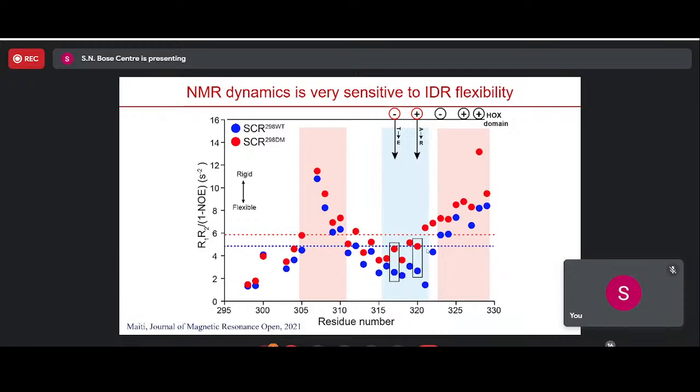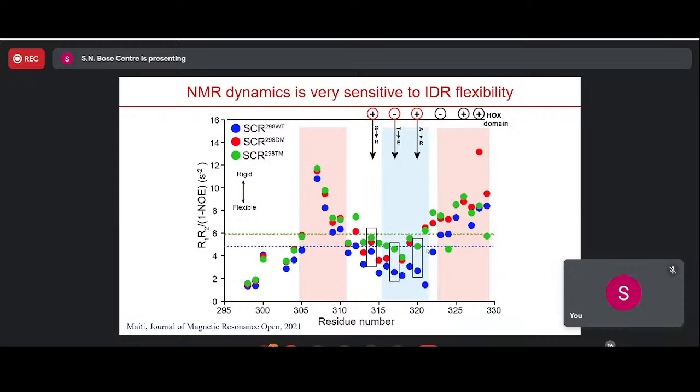Goes up means it becomes more rigid. So by introducing these plus and minus charges, it actually became more rigid. And for the third one also, which introduced another positive charge, it also became more rigid. So the overall rigidity of these two mutants actually went up compared to the wild type.